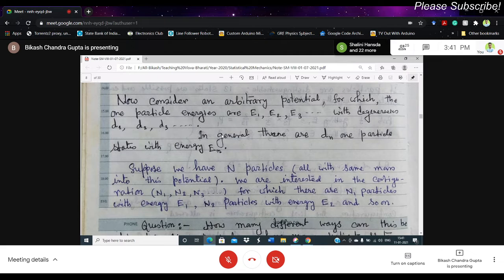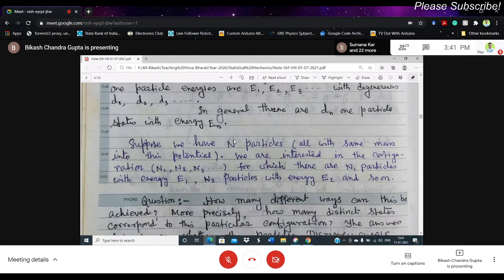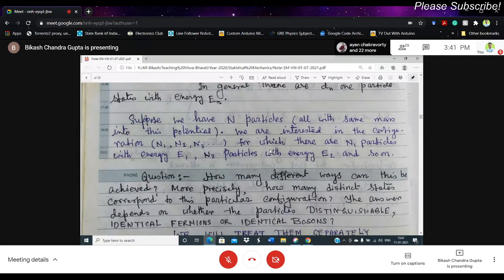In general, Dn is the number of particle states with energy En. That means the degeneracy Dn is the number of states having the energy En. Suppose that we have N particles, all with the same mass, in this potential, similar particles.